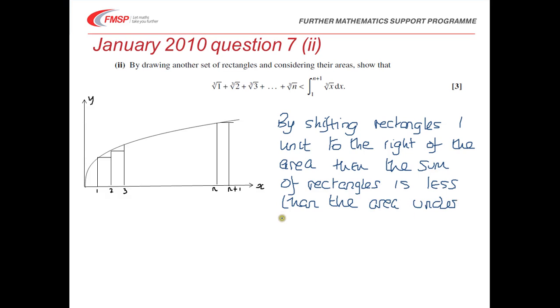And again, we just want to try and explain that as best as possible in terms of words.